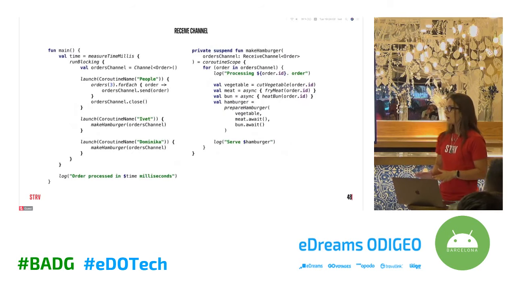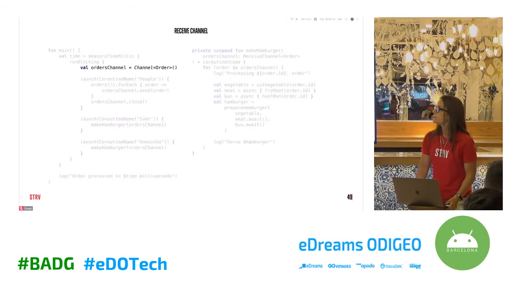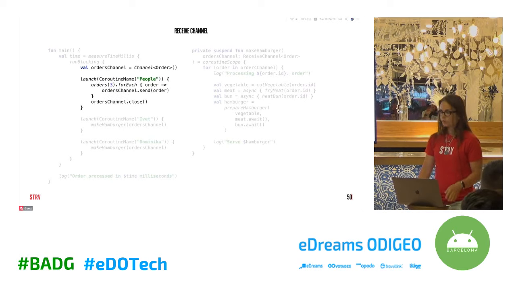So let's check how we can implement this situation. We create a channel as a communication medium between people asking for hamburgers and cooks receiving orders. We launch a coroutine representing people, and this coroutine is responsible for sending orders to the channel.